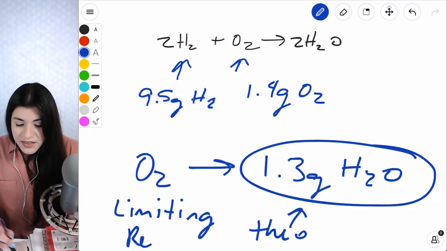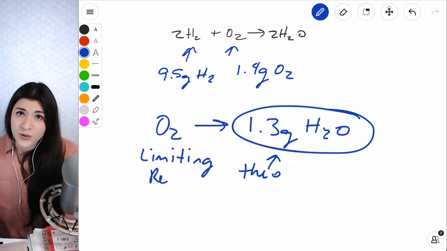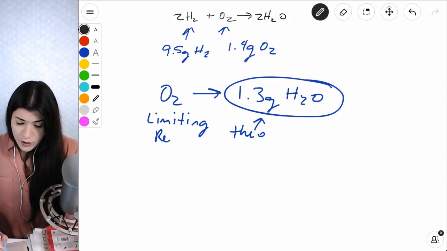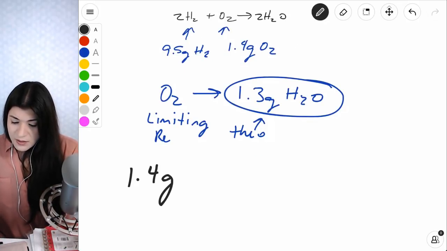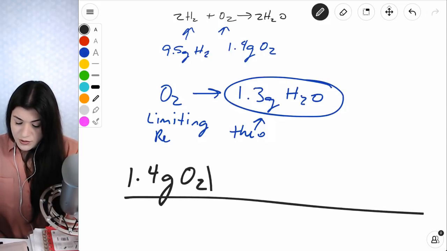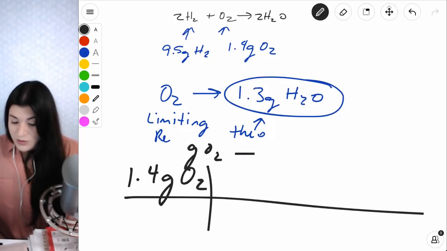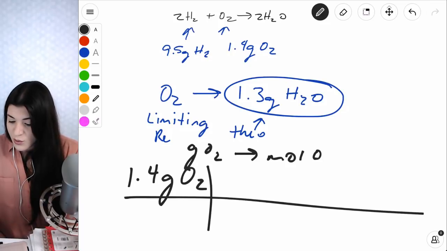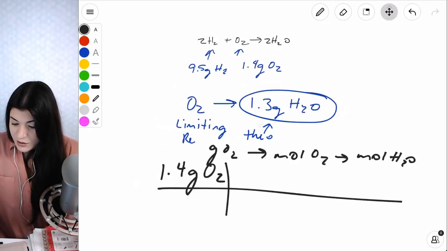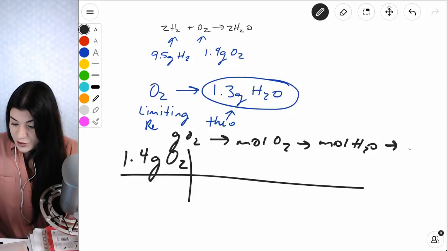And by the way, theoretical yield is always found by stoichiometry. What I mean by that is, let's say I started off at 1.4 grams of O2. I would make my way from grams of O2 to moles of O2. This is all stoichiometry, then going to moles of H2O, which is our product, and then lastly to grams of H2O.